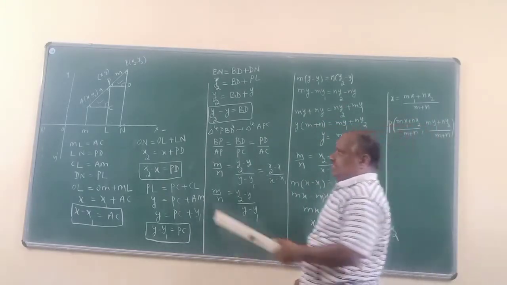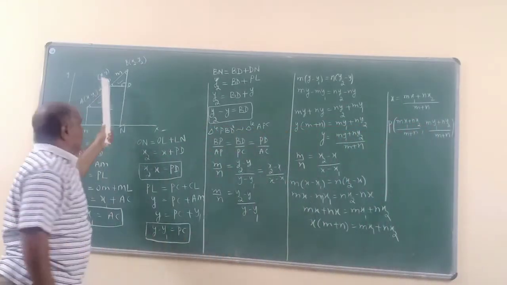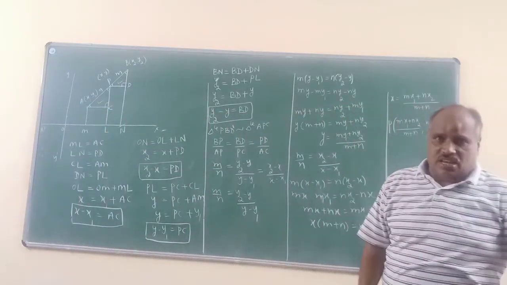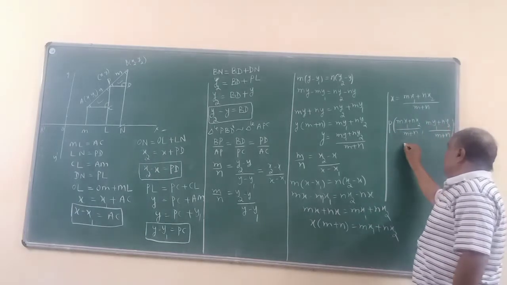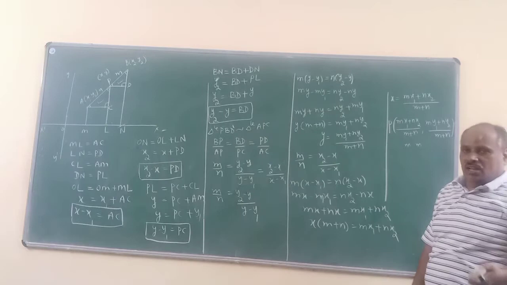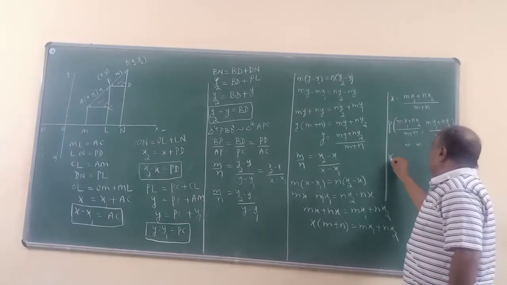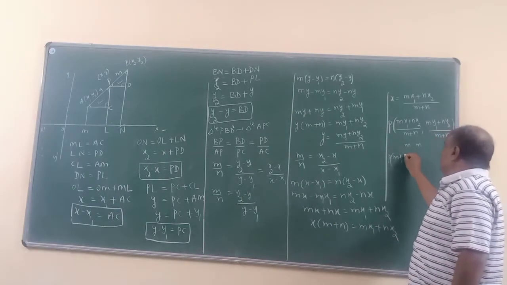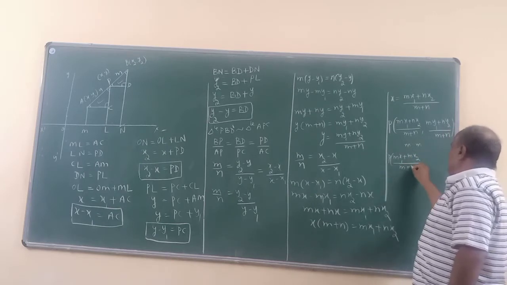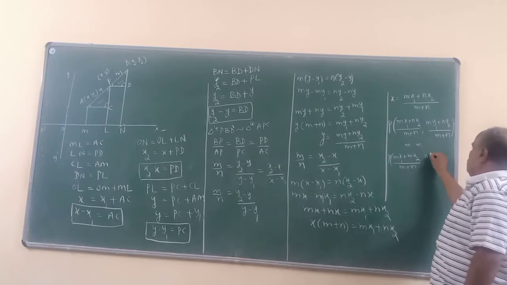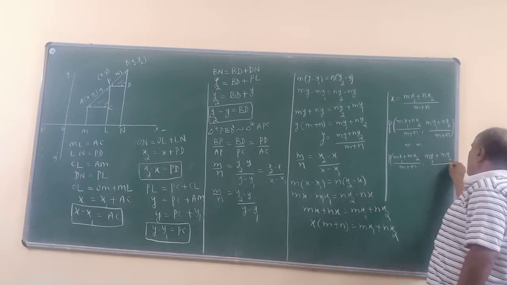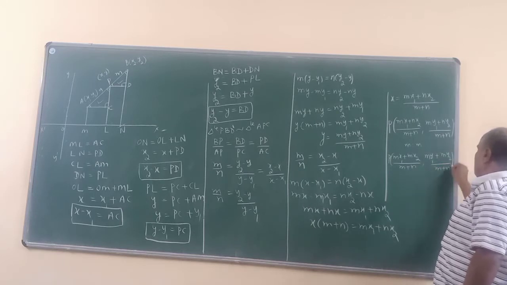Suppose P divides AB internally in the equal ratio or same ratio, say m is to m, or 2 is to 2, or 3 is to 3, whatever it is. P is (mx1 plus mx2) divided by (m plus m), (my1 plus my2) divided by (m plus m).